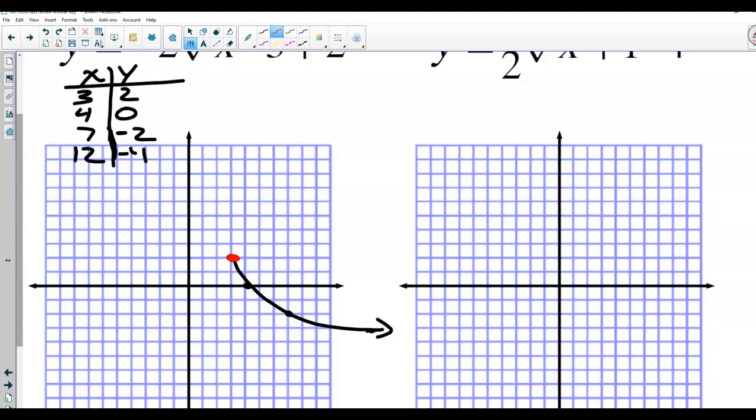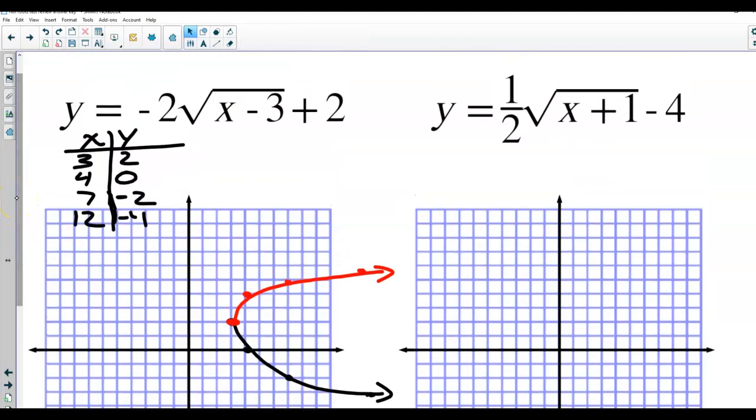It would look something like this, just so you have the correct answer, though. It would look like this. The red line being what's in the packet, the black line being what's on the board right now. For everyone's packet, do you have a positive 1/2? Okay, good.